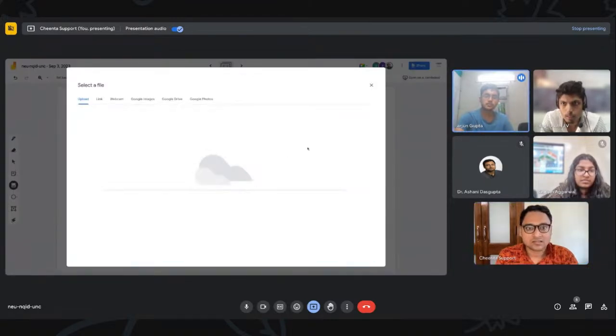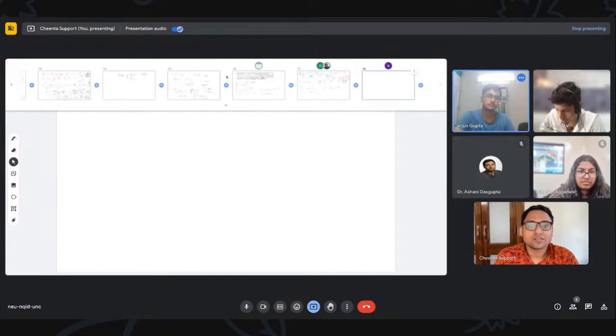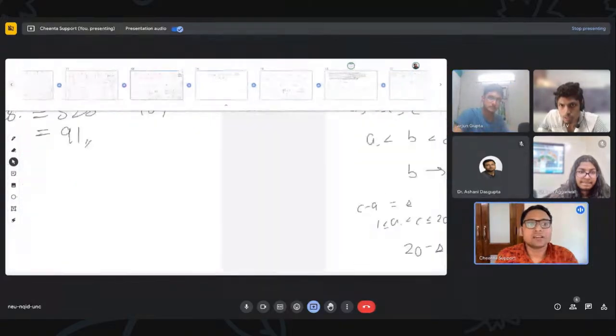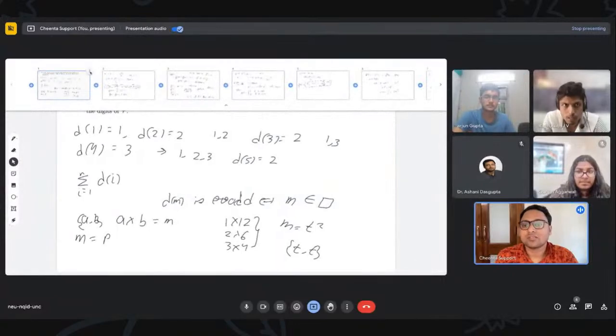Also, can we do it on a new Jamboard? Because I guess it will take more than 3 pages for sure. You want me to start another Jamboard, or we can just delete the existing things? Yeah, that's fine. I did not know that's a feature. So only 20 slides are allowed in Jamboard. Oh, I see.